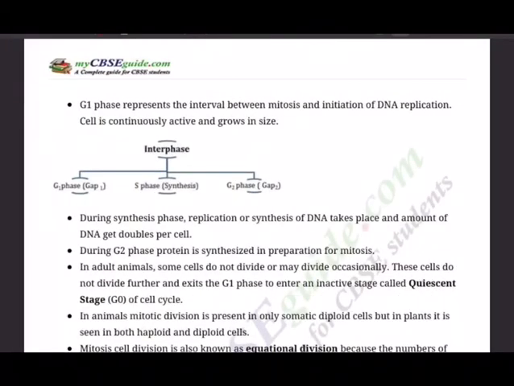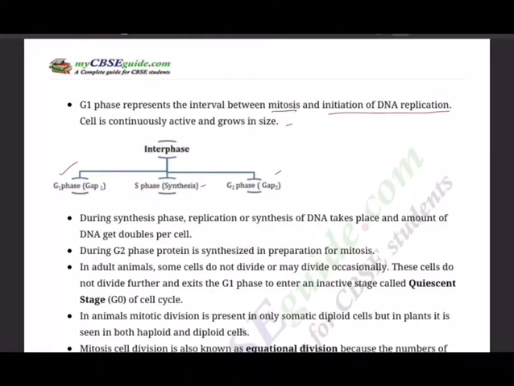G1 phase represents the interval between mitosis and initiation of DNA replication. The cell is continuously active and grows in size. As we said, interphase has three subphases: G1 phase, that's gap 1, S phase, S for synthesis, and G2, gap 2 phase.